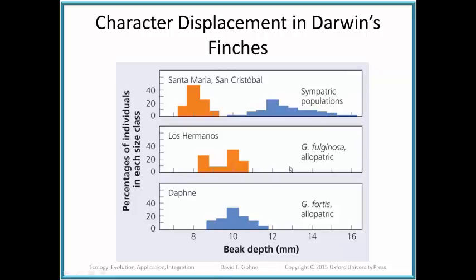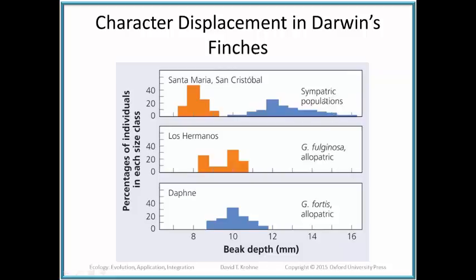And what we see here is these two graphs show the range of bill sizes in these two species when they are alone on an island. That is, an island that just has this particular species, and an island that just has this particular species, okay? And what you see is that when the two species are not present simultaneously, they have very similar bill lengths, beak lengths.